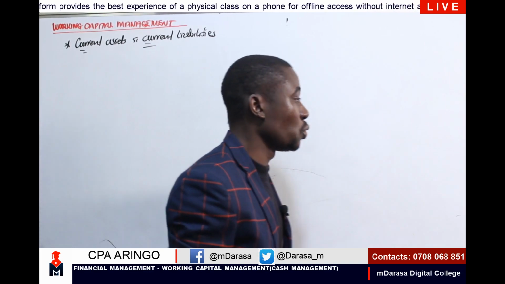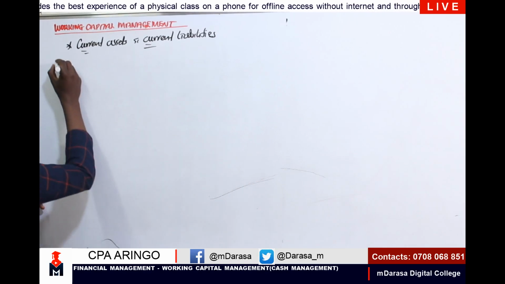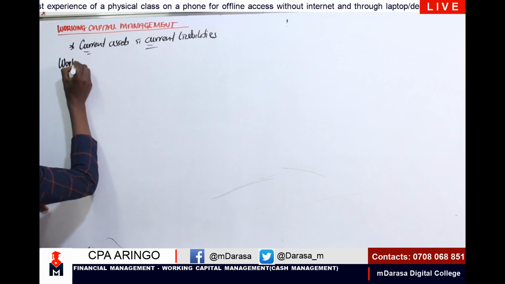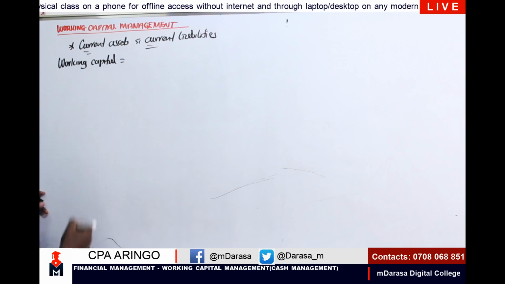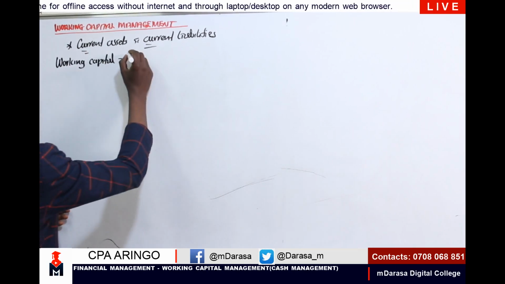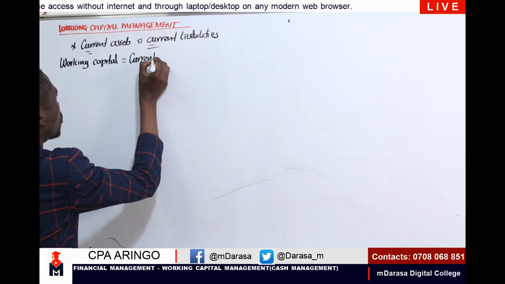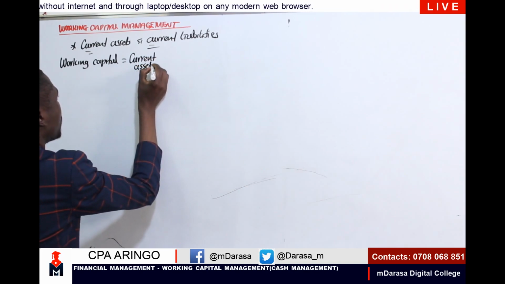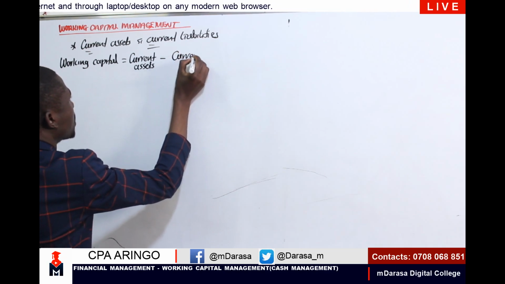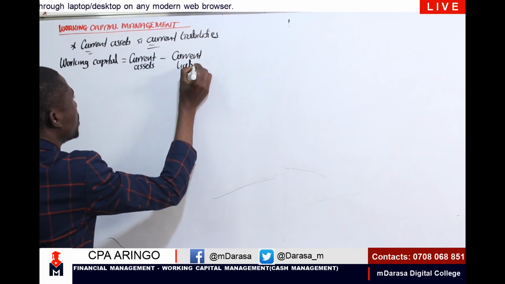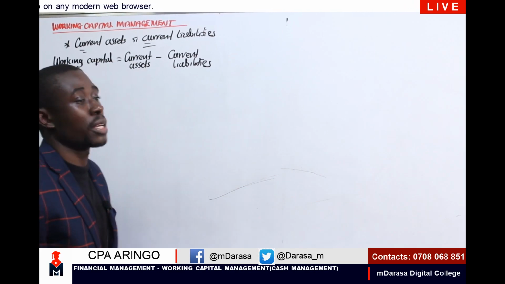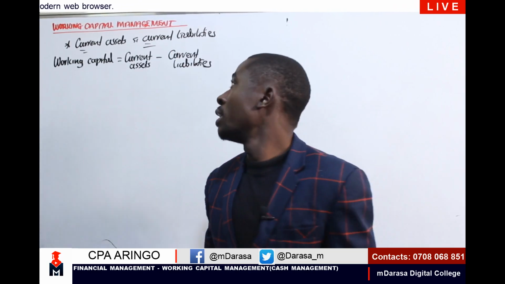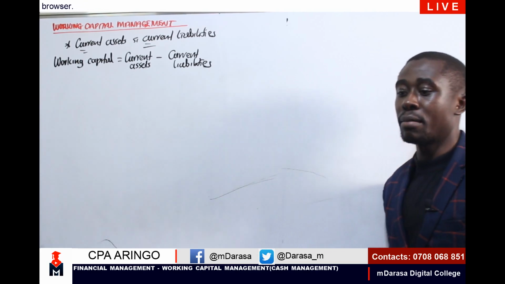At this point you should know very well that to determine our working capital, one key formula should always click at the back of our mind: current assets minus current liabilities. So to determine our working capital, we talk of current assets minus current liabilities.